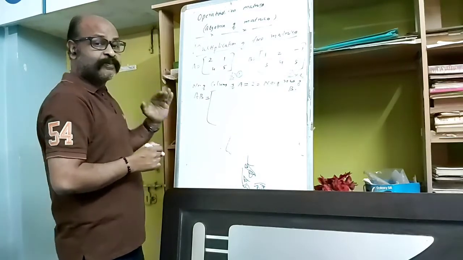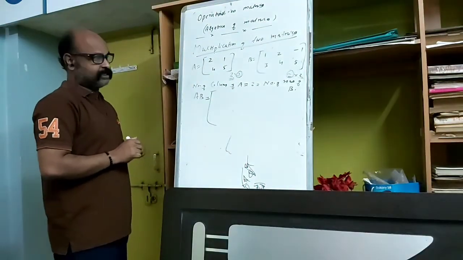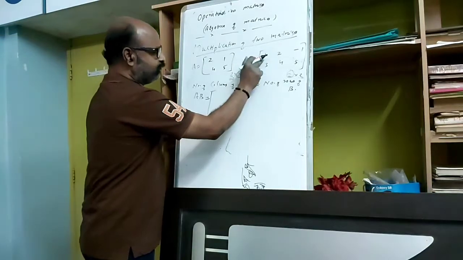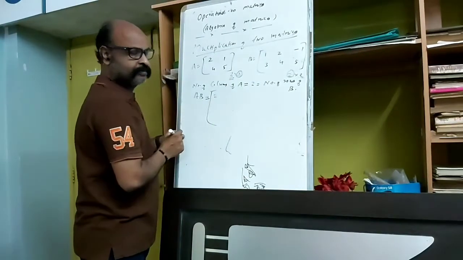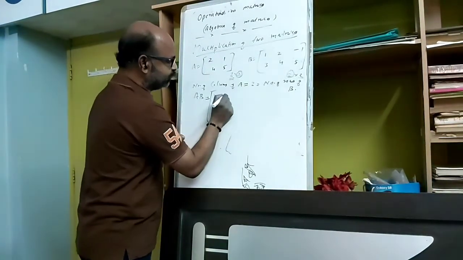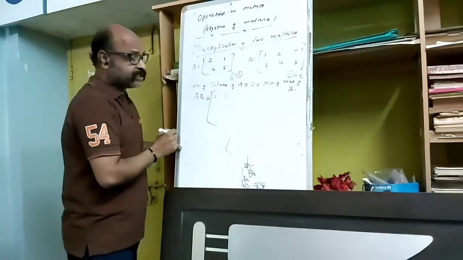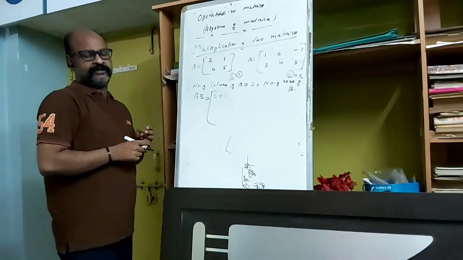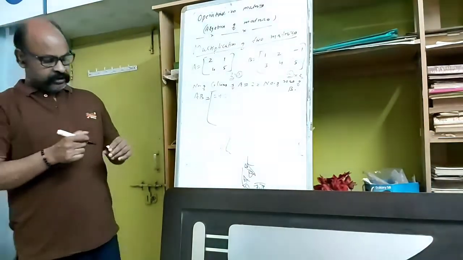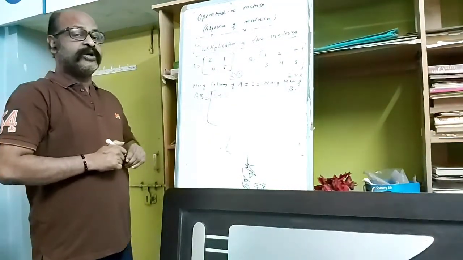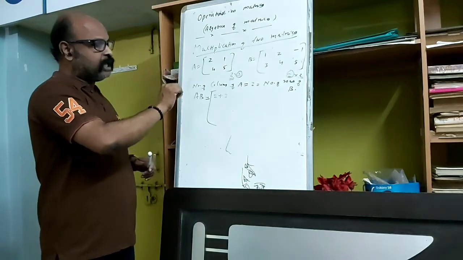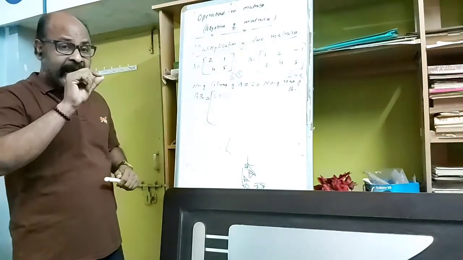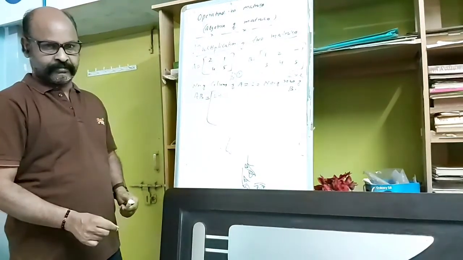Then what we do? Multiplying the corresponding elements. Okay, 2 into 1, 2, 1 into 3, 3. Corresponding elements are multiplied. Now these two products are to be added. So we multiply the corresponding elements of the first row and first column and add the products.